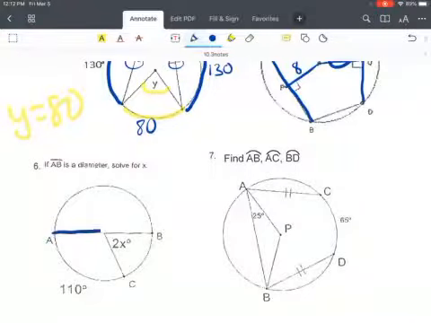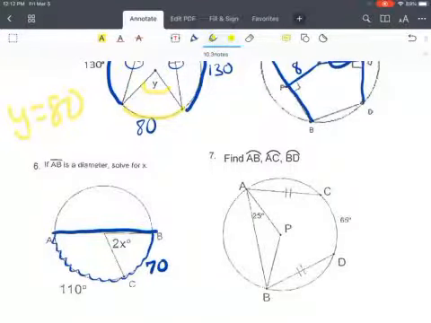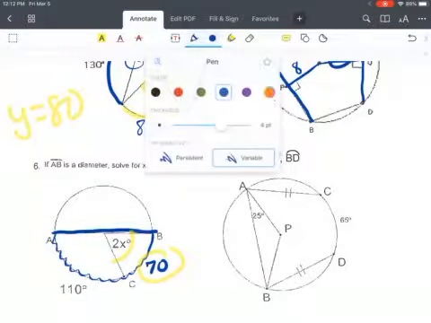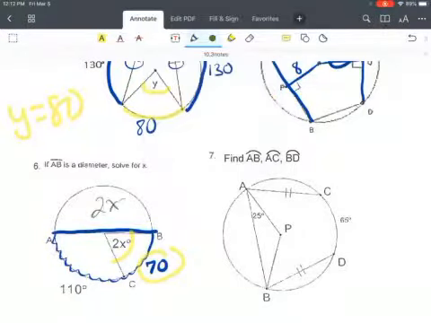If this is a diameter for number 6, it cuts the circle in half. So we know that the arc A to C to B has to be 180 degrees. Subtract the 110, I know that that is 70. Remember that a central angle and the arc are equal. So 2x has to equal 70, so x equals 35.